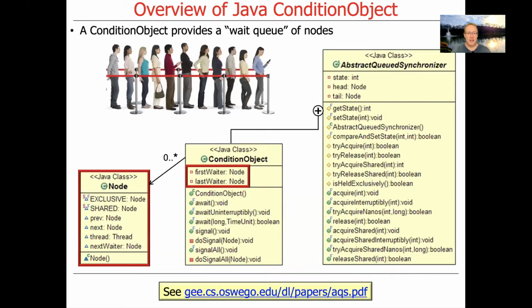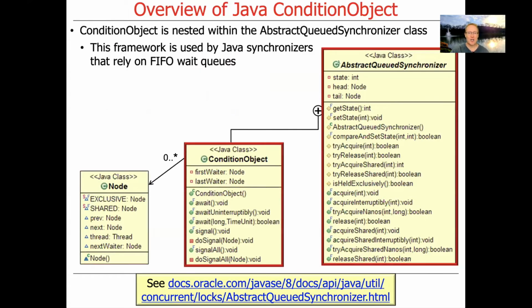The ConditionObject implementation also has something called a node, and the node is used to implement a wait queue that allows multiple threads to wait for the condition they're waiting on to be satisfied. So you can see it's nested like Russian dolls. You have AbstractQueuedSynchronizer, which has ConditionObject nested inside of it.